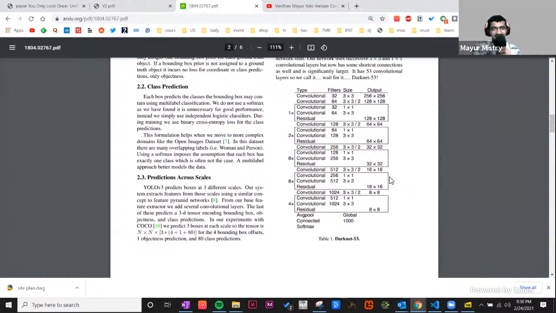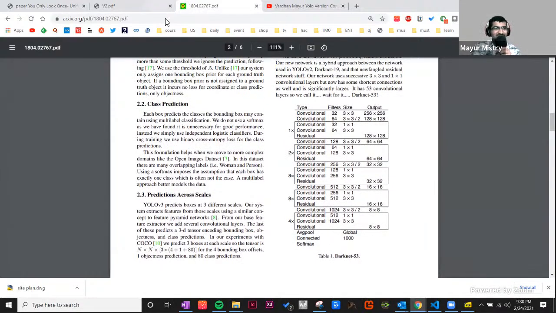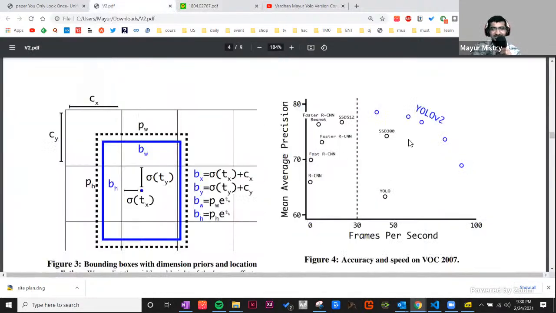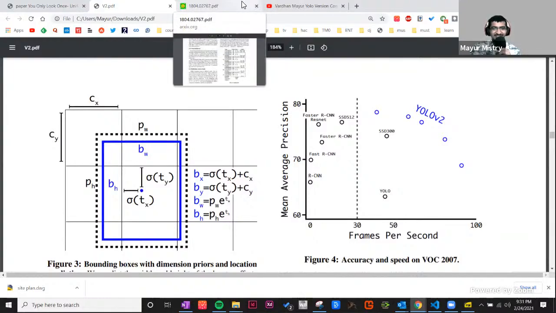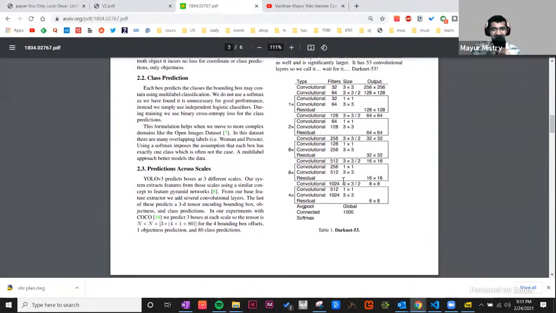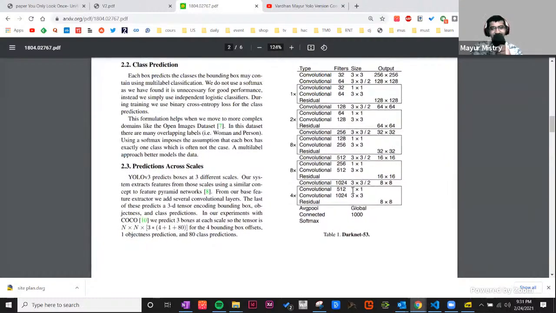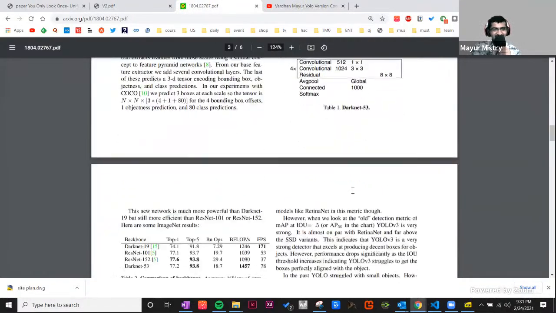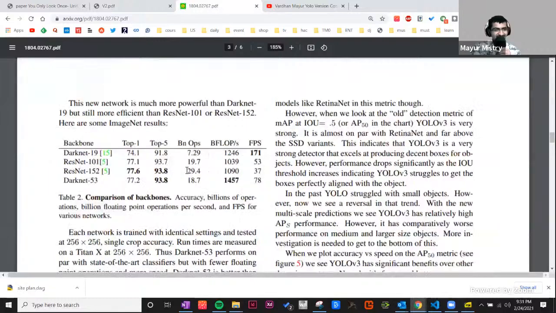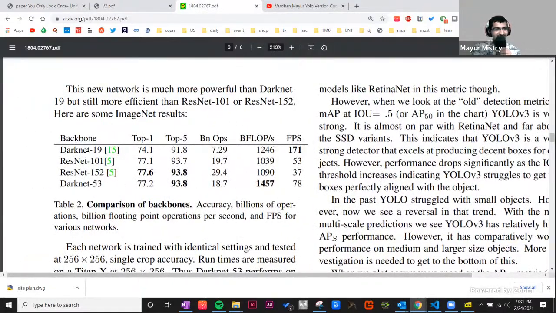It's very interesting that in V2 there were 19 convolutional layers, and V3 has 53 layers. So I bet they are scoring a lot higher in terms of accuracy. Oh yeah, they have compared. So 19 is 74 and V3.